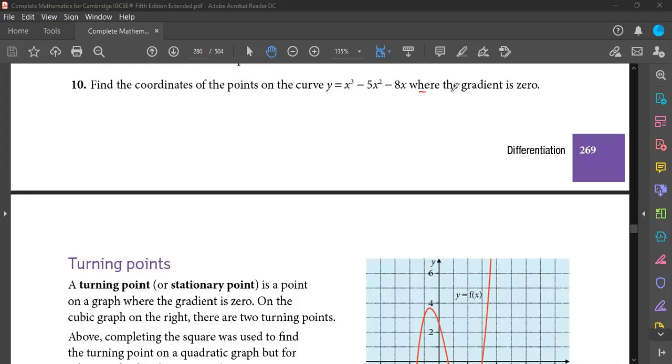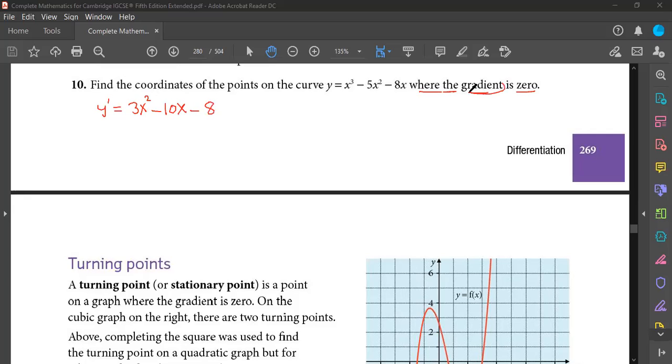We do differentiation, y prime or dy over dx. x cubed becomes 3x squared, then minus 5 gives minus 10x, then minus 8. Very good.